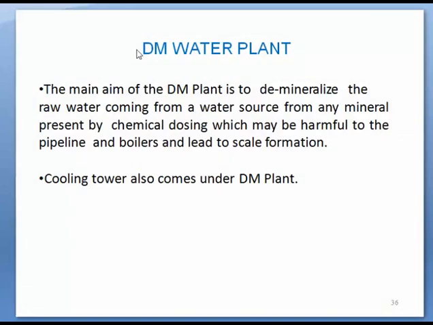The other important part of a thermal power plant is the DM water generation plant. The main aim of the DM plant is to demineralize the raw water coming from a water source, removing any minerals present by chemical dosing, which may be harmful to the pipeline and boilers and lead to scale formation. Cooling tower also comes under DM.